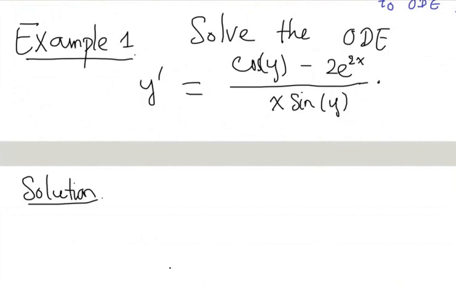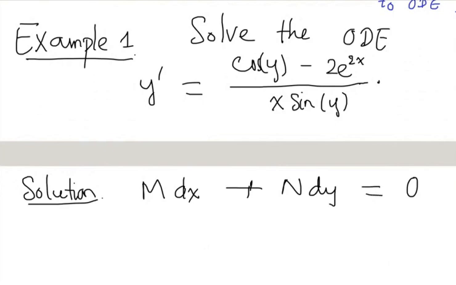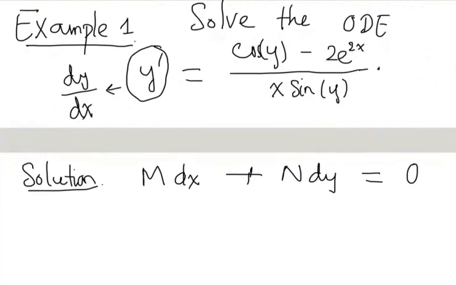So first, we need to rewrite the equation in the format m dx plus n dy equals 0. This is the differential form format. To do so, we replace y prime here as usual by dy dx. And then we cross multiply and move things to the left hand side.